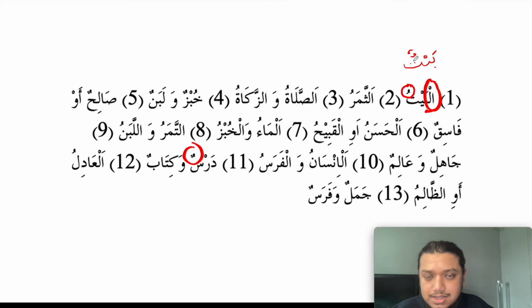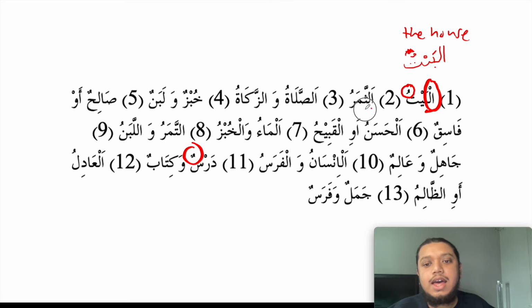As you can see, it has the tanween, which indicates the word is indefinite. But the alif lam is added, therefore the word became definite, and the tanween drops. So baytun turned into al-bayt. So al-bayt is the house.